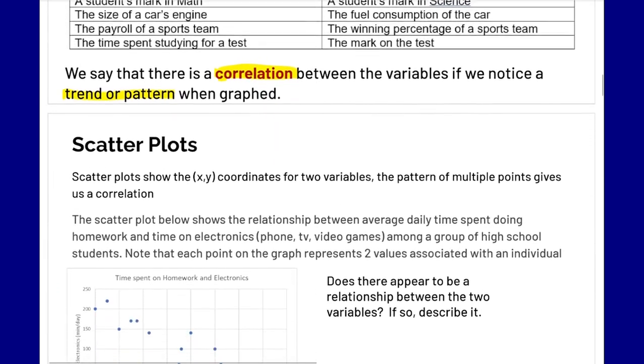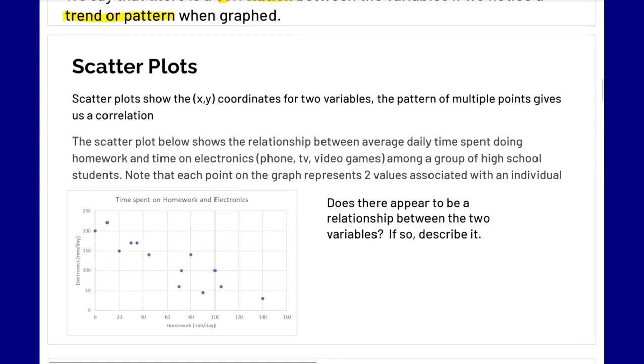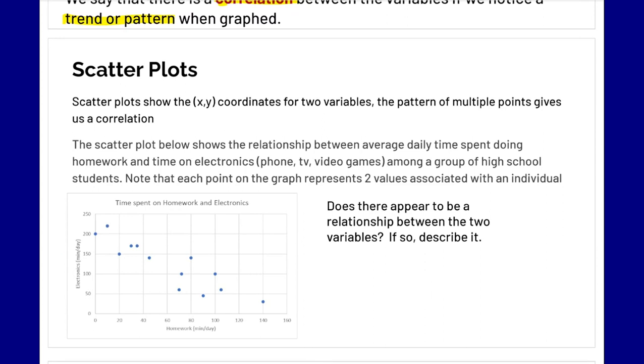And when we're looking at two variable data, we're going to be using a scatter plot. Scatter plots show x, y coordinates for two variables. Don't forget, every point is an x and y coordinate. And the pattern that we see of the multiple points gives us a correlation. So if we see a trend, a common thing that's happening to our points.